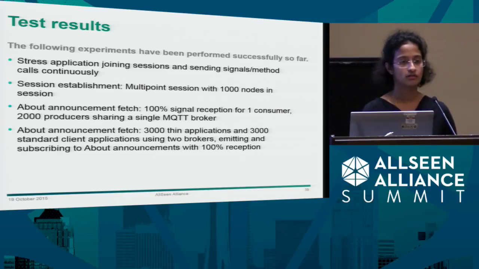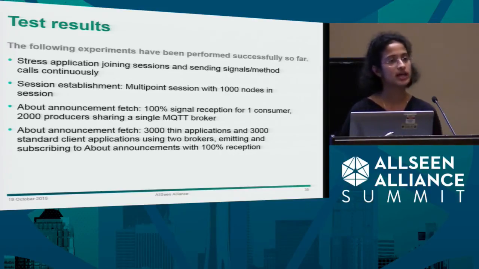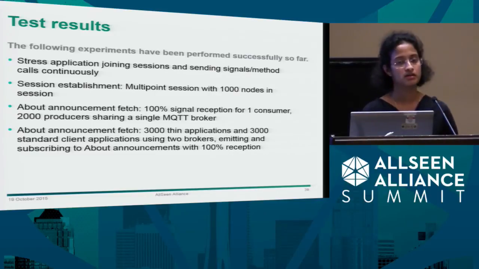And we saw that all of those nodes were both emitters and receivers of about-based signals. That is, they would publish their own announcement, and they would be interested in the about announcement from all the 5,999 other nodes. And we saw 100% signal reception with that use case.